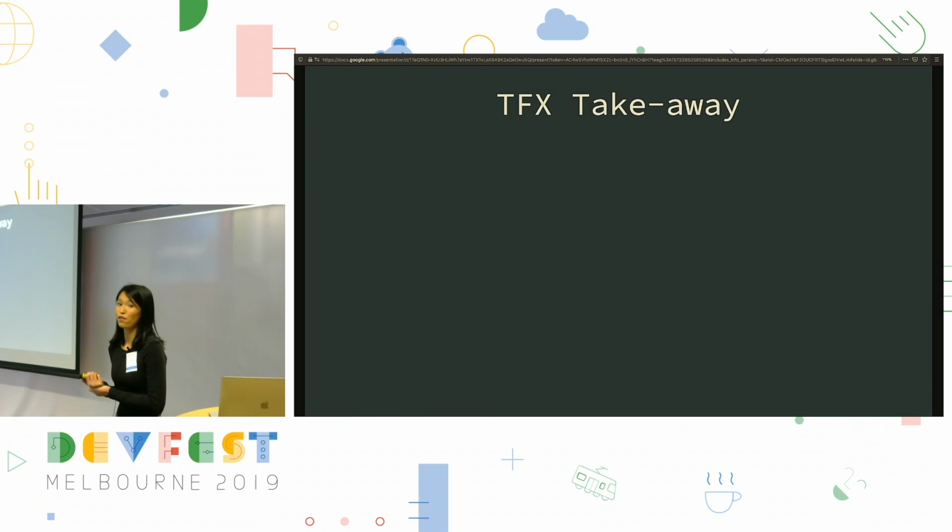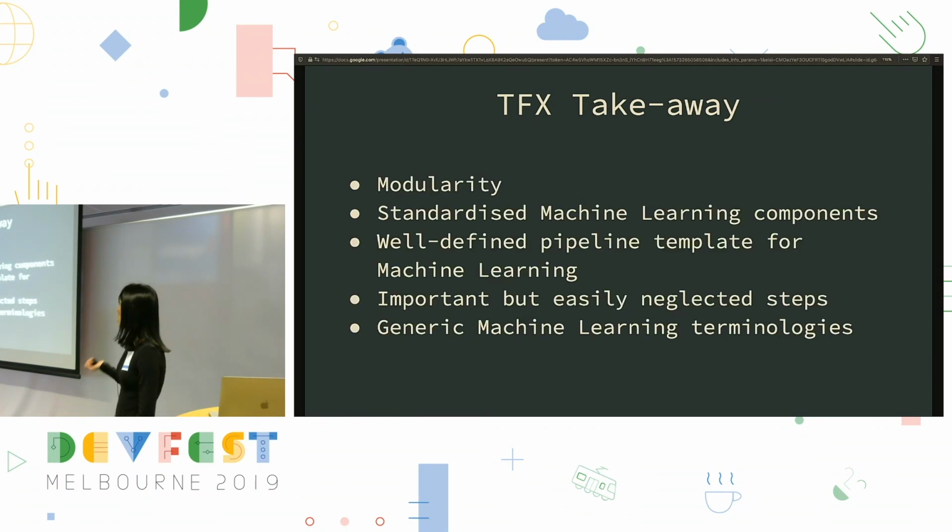But once I went through that learning curve, I found it super useful and I really like it, because its modularity and standardized machine learning components are very team-friendly. Essentially, you have an unspoken contract or agreement among your team on how to build a machine learning pipeline, so the workload can be distributed among the team and worked on separately.